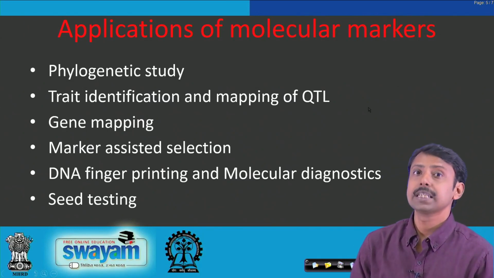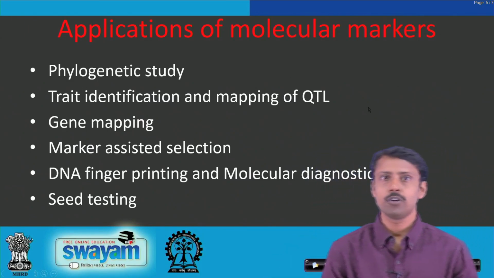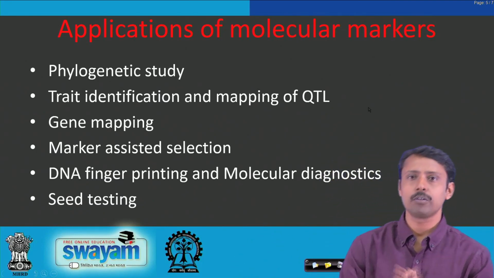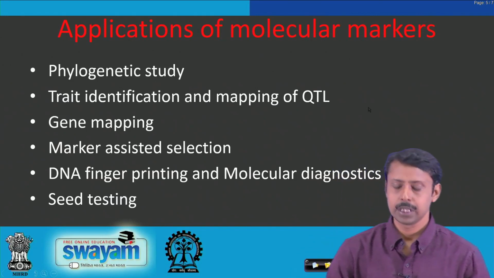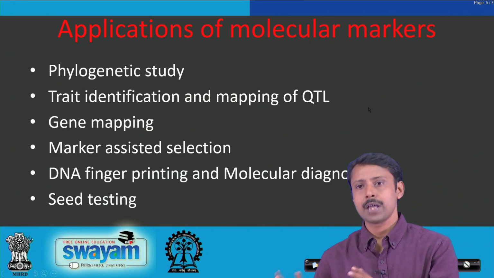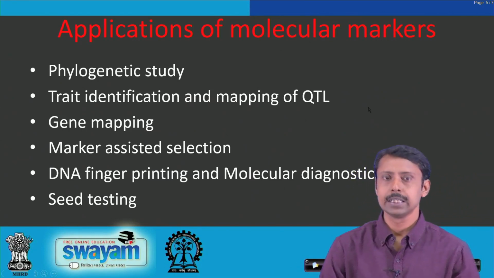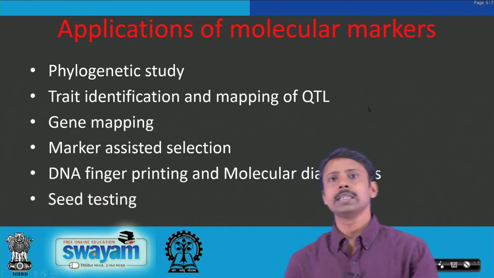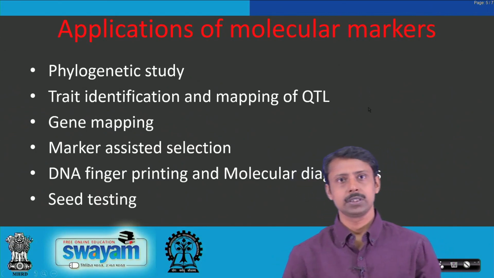Now, coming to the applications of molecular markers. First of all, they are used in phylogenetic study. Let us assume we have hundreds of rice germplasm, and we need to know which genotypes have been derived from where. This phylogenetic study can be done by SSR and different molecular markers.